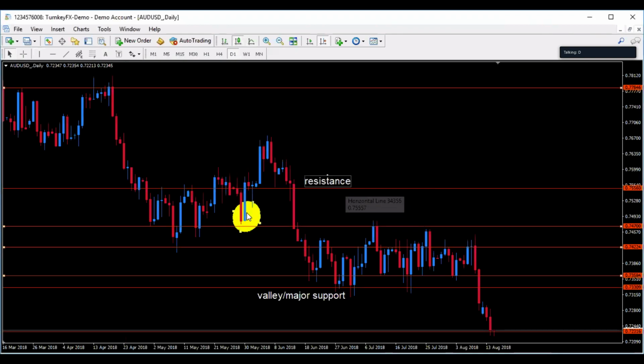But when the market broke out, it came back and made this resistance line a support line. It came back and tested this line. When it tested this line, it shot back up. It went from resistance back to support, and the market went up in a bullish trend.